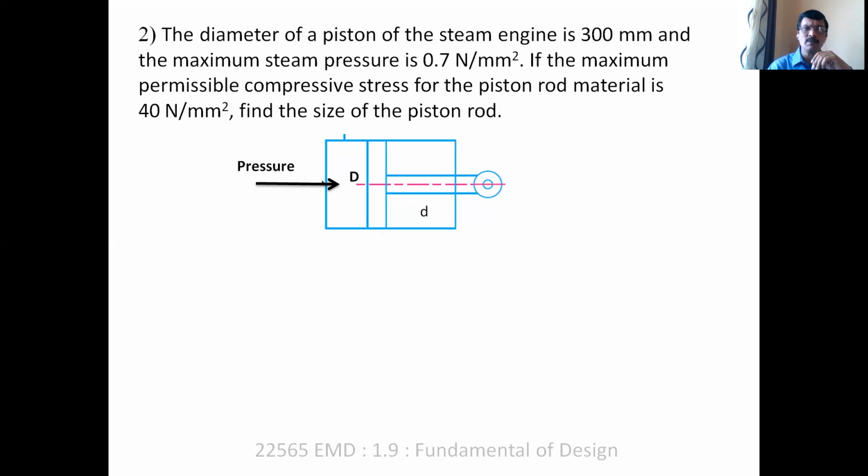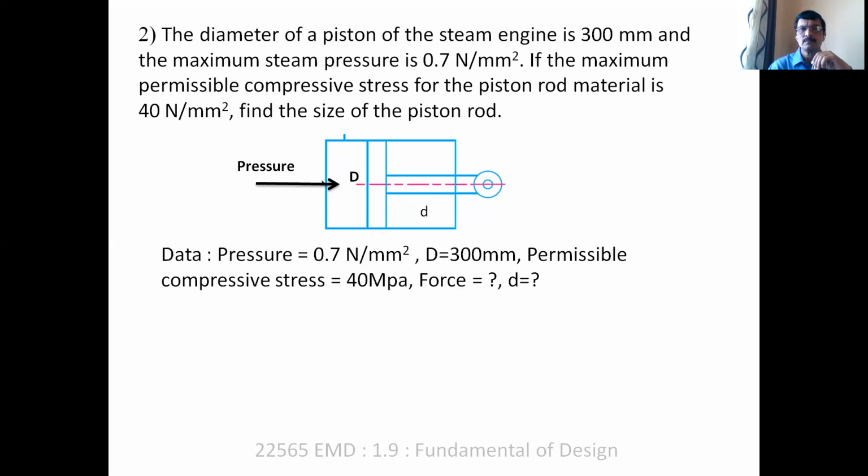So that is small d. So let us have the given data. As far as given data is concerned, a pressure of 0.7 Newton per mm square is subjected on that particular piston area. The piston size is 300 mm and the permissible compressive stress is 40 megapascal in the piston rod. So here, as we know, compressive stress is equal to force divided by area, but directly force is not given.